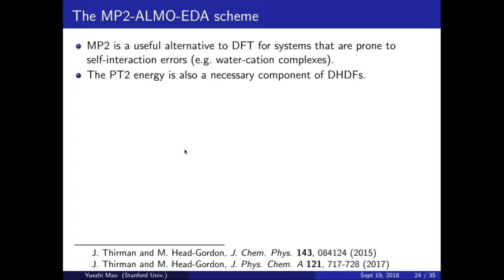Based on my own experience, it's quite useful for things like water-cation interactions, because many DFT density functionals have trouble with things like water-magnesium complexes due to the self-interaction error.